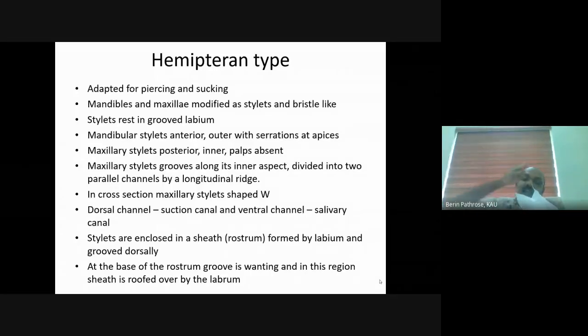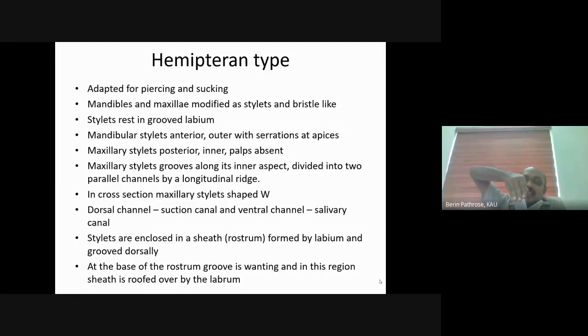So the mandibular stylets and maxillary stylets are enclosed in this grooved labium, and it will be somewhat like this. So this will be the proboscis, that is the modification of labium. Inside we have a pair of maxillae. Above that there will be a pair of mandibular stylets, and at the base of the labium, the groove is closed by the labrum.